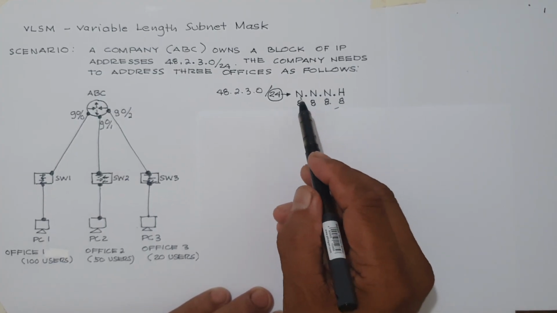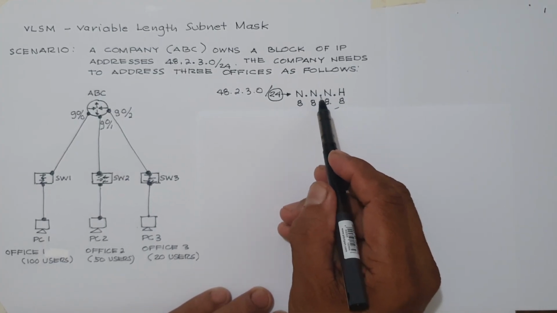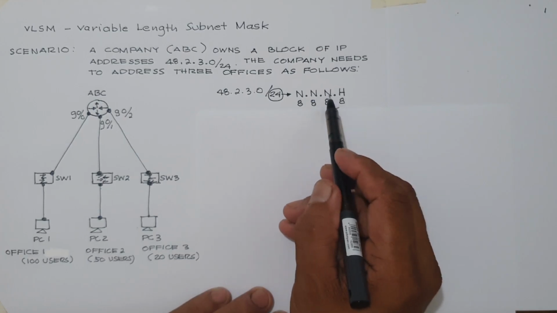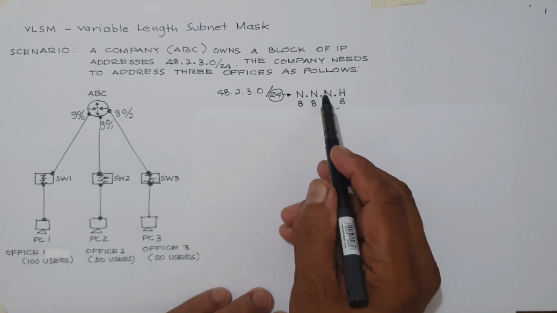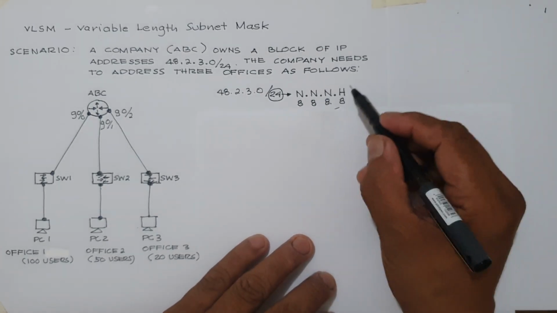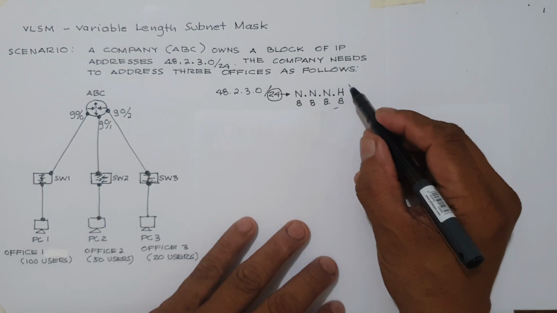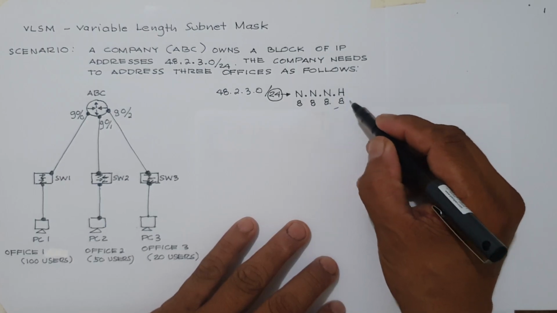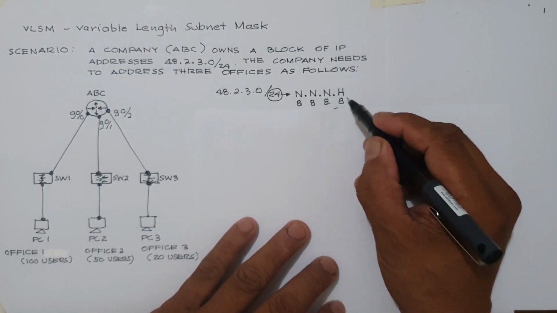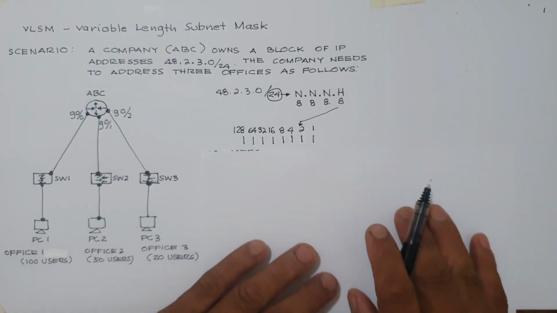So we have this, and the first three octets are the network bits, while the last octet is for the host bits. So we are going to focus on the host bits here.